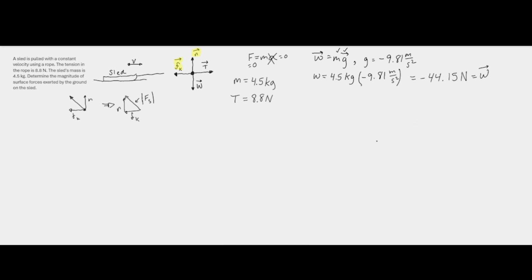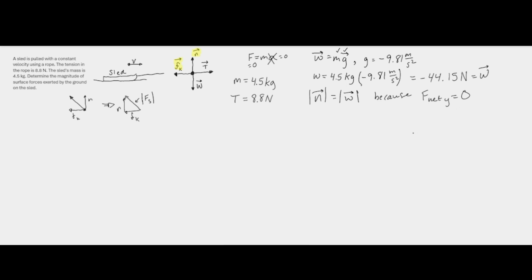Well, we said that the sled is not moving in the vertical direction, so the magnitude of the normal force has to be equal to the magnitude of the weight force, because F net in the y direction is equal to 0.